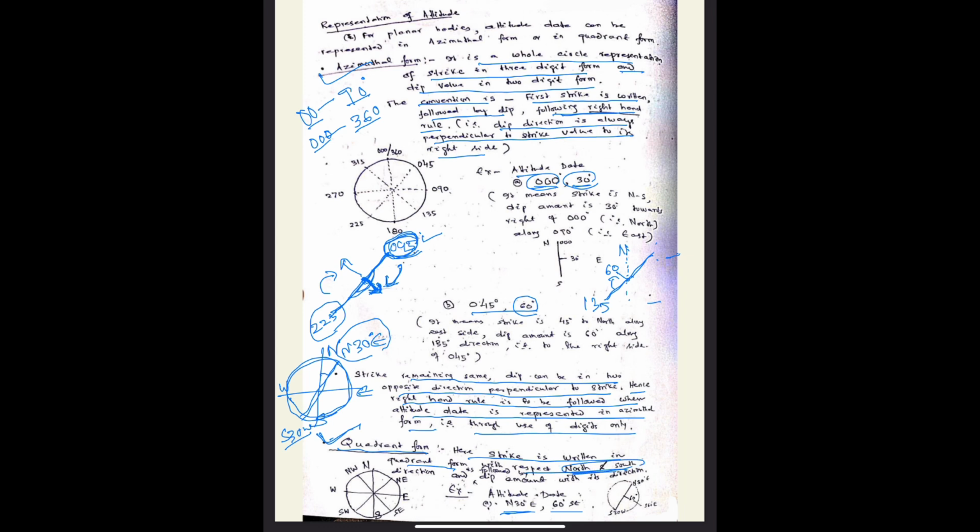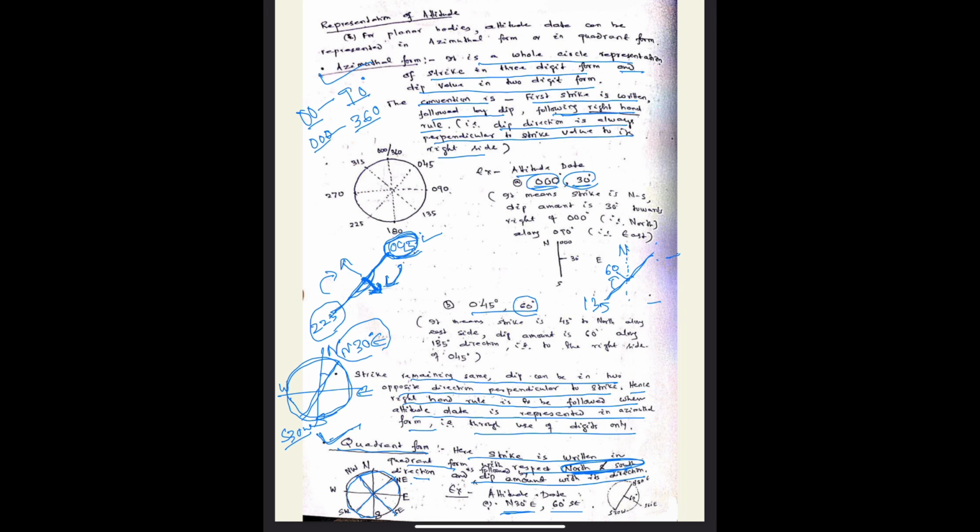Remember, with respect to north and south direction, and the dip amount with respect to its direction. So this is the whole circle. See, this is northeast, meaning north 45 degrees east, south 45 degrees west. Northwest means north 45 degrees west, south 45 degrees east.